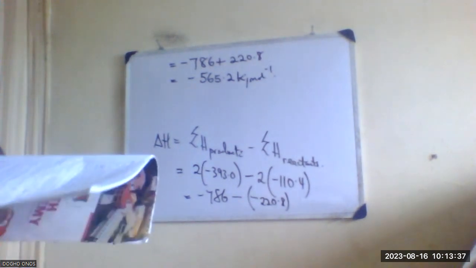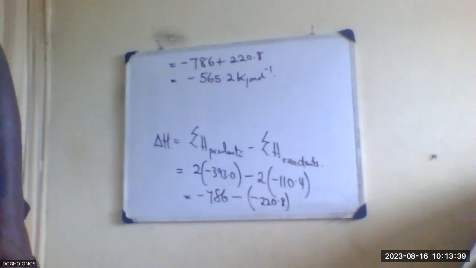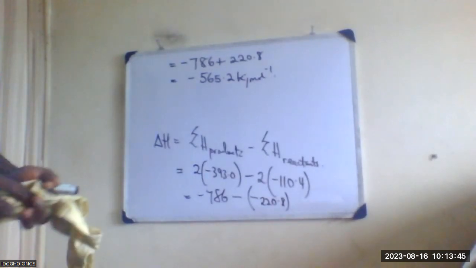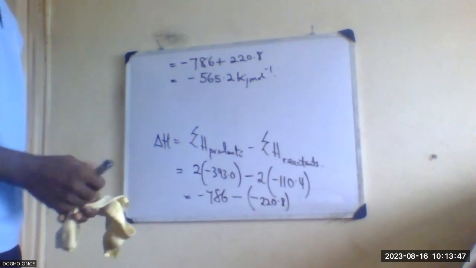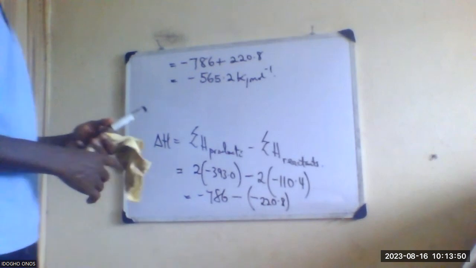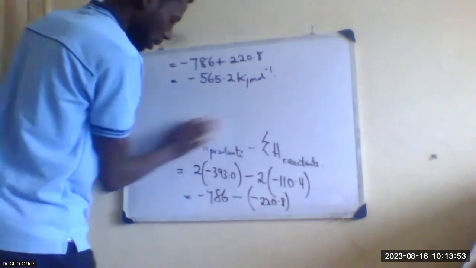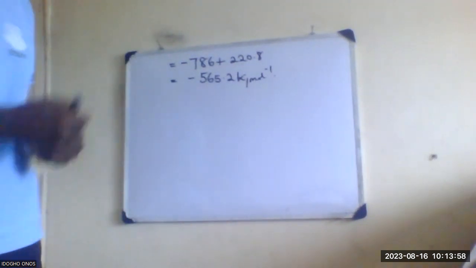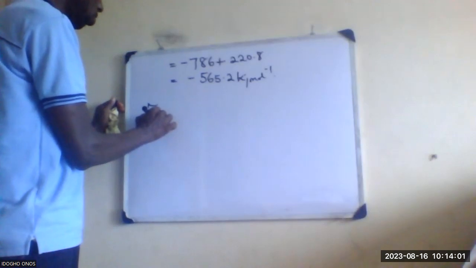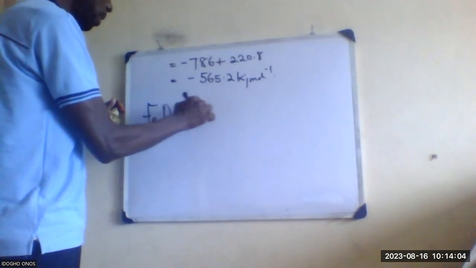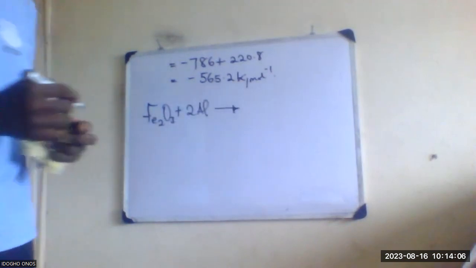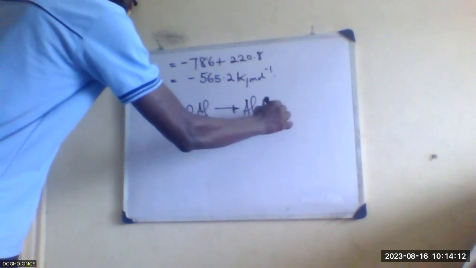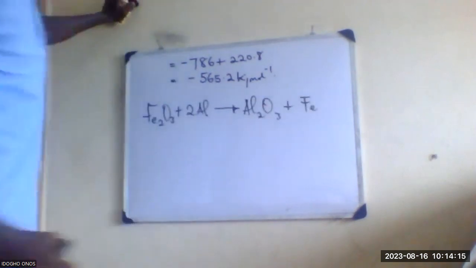Are you ready? Yeah. Okay, so for this particular question, again, it started with an equation. The equation is Fe2O3, that is iron(III) oxide, plus 2Al, aluminium, will give me Al2O3 plus Fe.